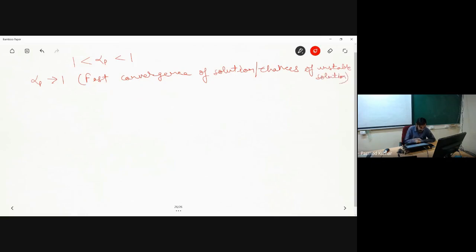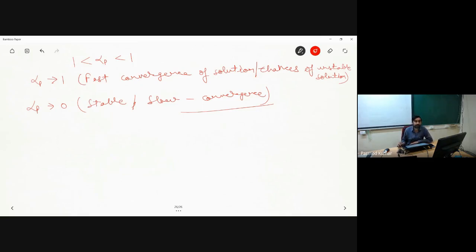When alpha p is approaching 0, our solution will become stable, but there will be slow convergence, because we are using a very small fraction of the pressure correction term. If we are using a small fraction of the correction term, it will take more iterations to reach the converged solution. So this is one very important term, the pressure correction term.